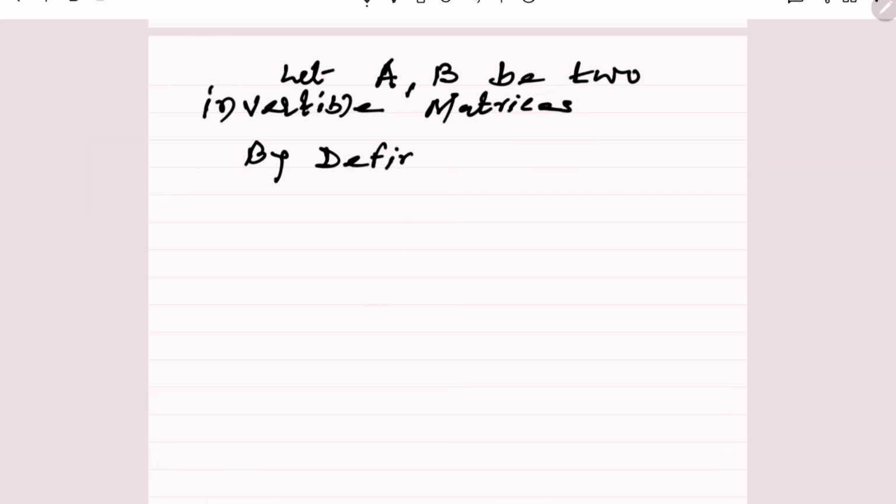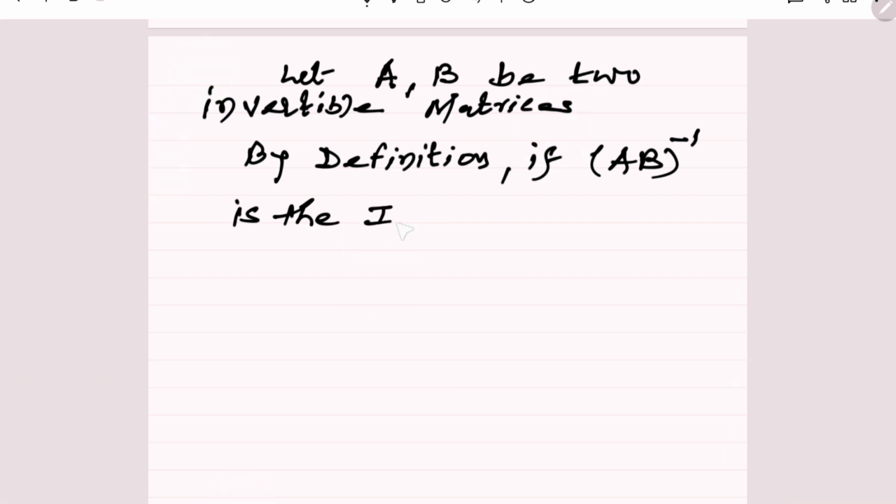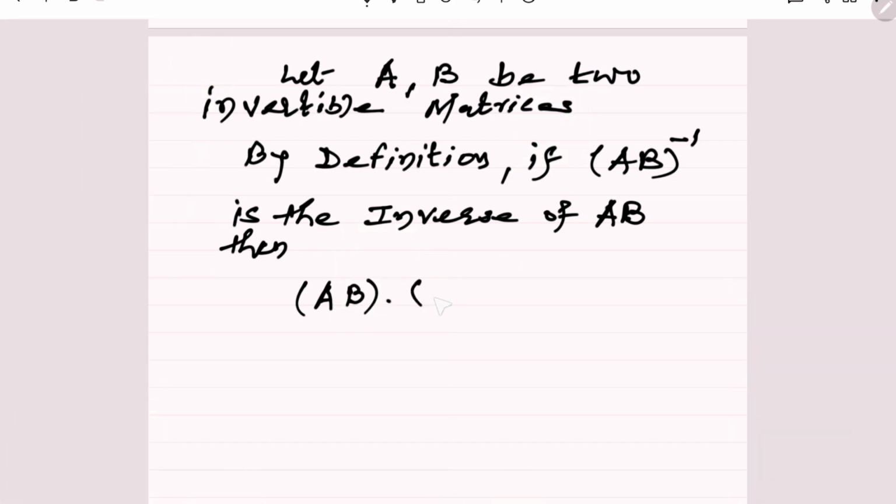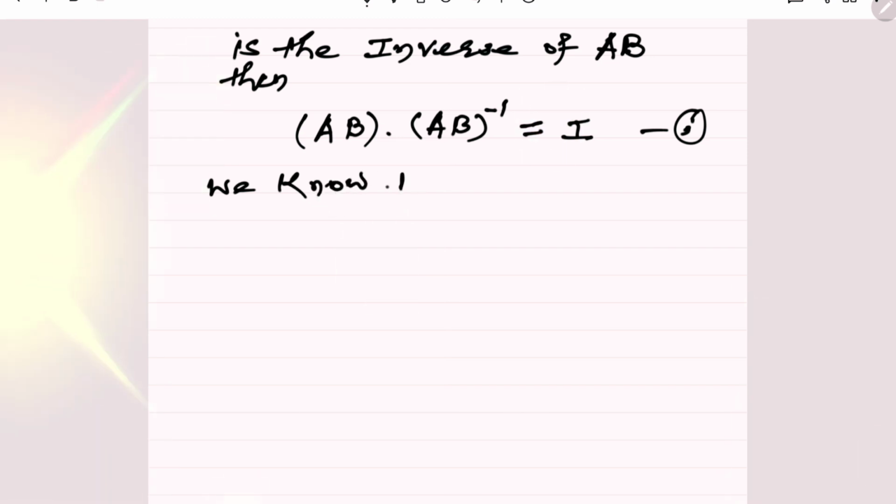Then by definition, if AB inverse is the inverse of AB, then AB multiplied by that AB inverse, the product of that is I. A into A inverse is equal to I. This is the property.